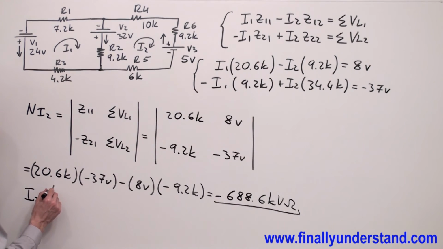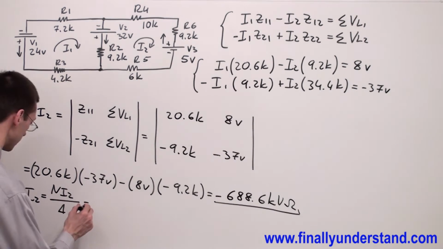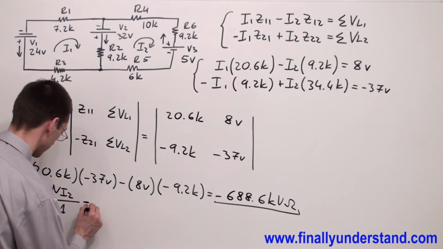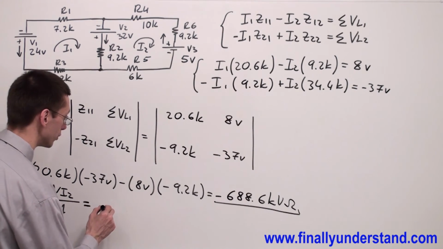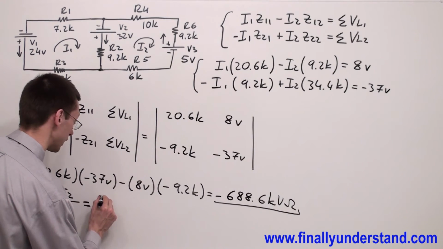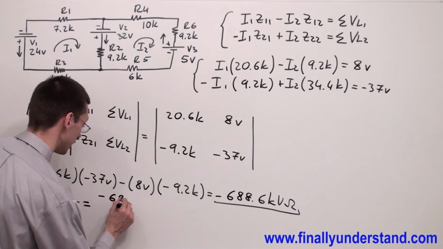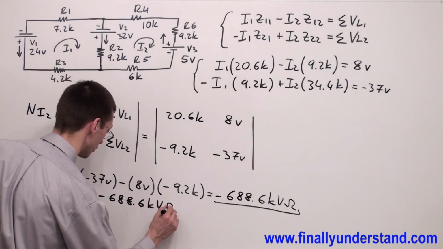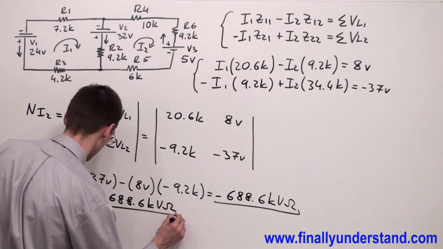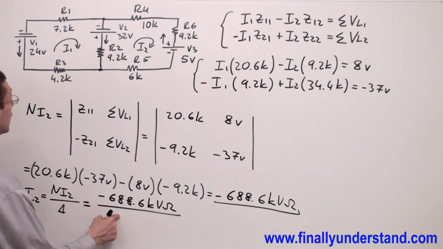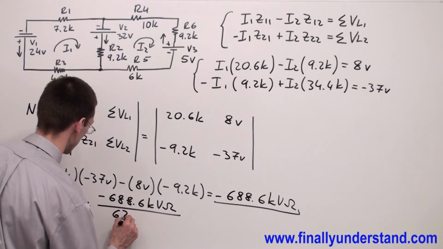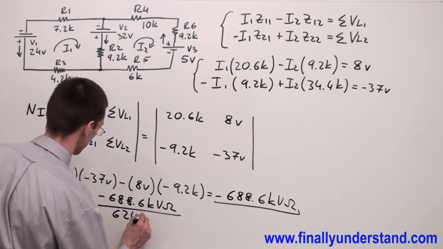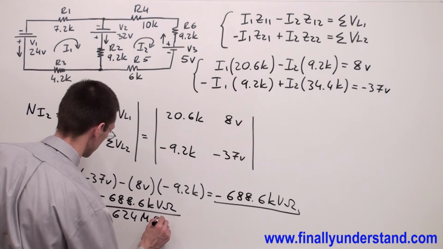I2 is equal NI2 divided by delta. This is equal NI2, negative 688.6 kilovolt ohm, over delta, which is equal 624 mega ohm square.